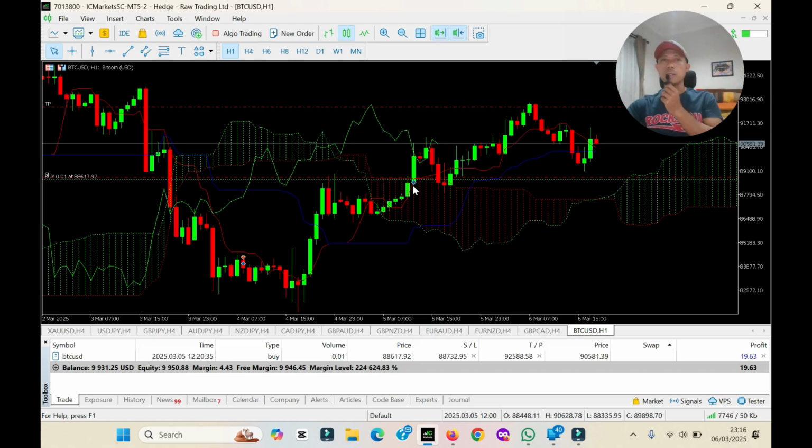Here the Kumo is green and the Chikou span is also outside. So according to this Ichimoku trading system, this is considered a good setup. Not really a setup, but it's considered okay, because the 1 hour time frame is quite low.